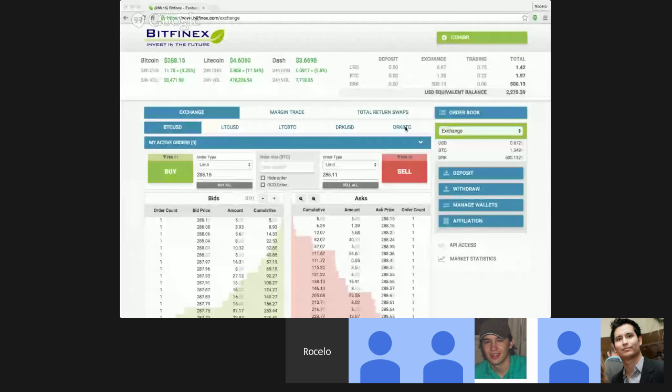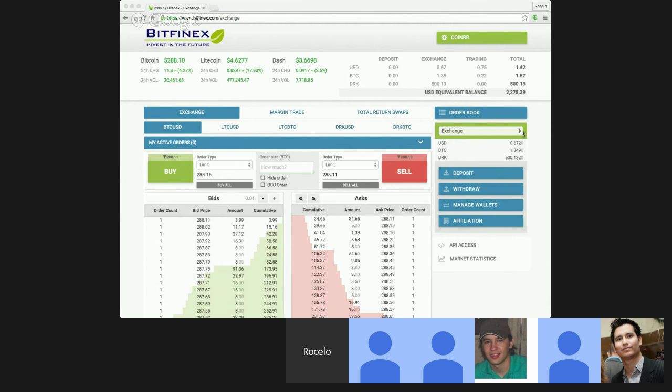That's one of our accounts. Okay, here we go. We do have deposit, withdraw, and manage wallets. Again, we have a few different accounts on this one: we have a deposit, we have exchange, and you have trading account.